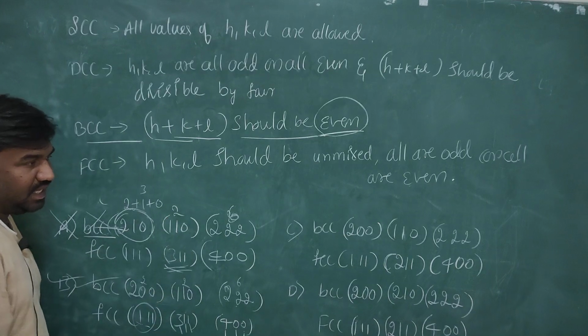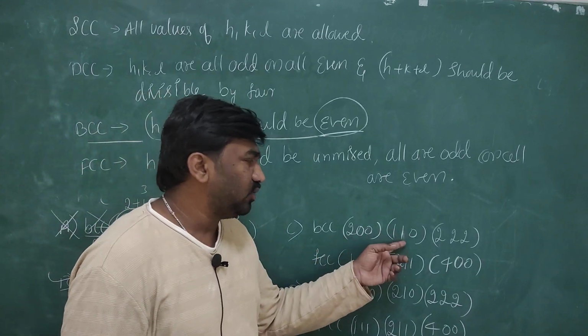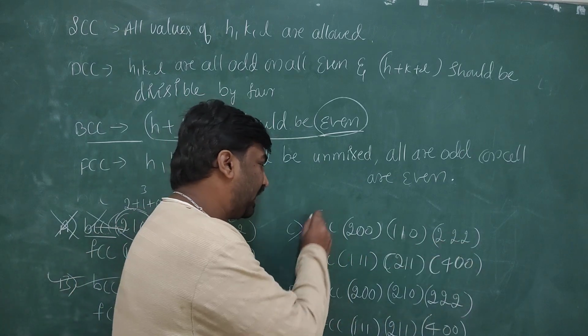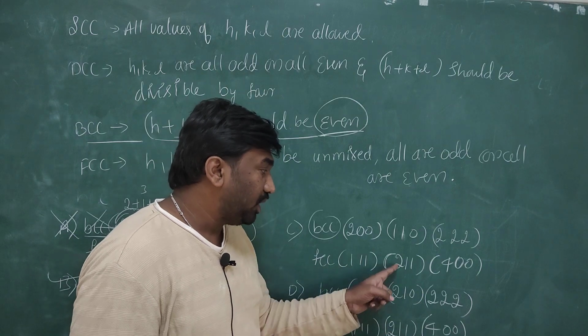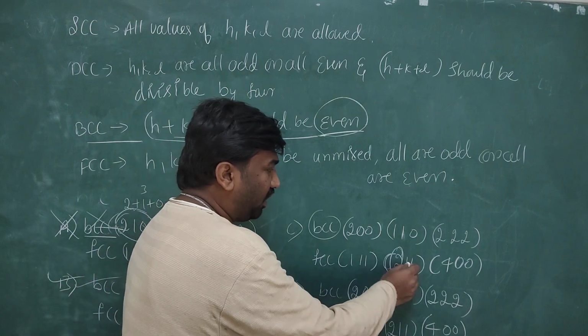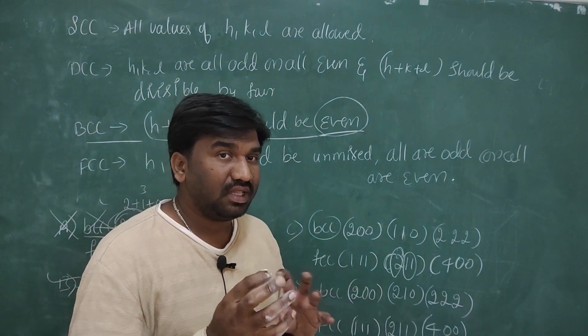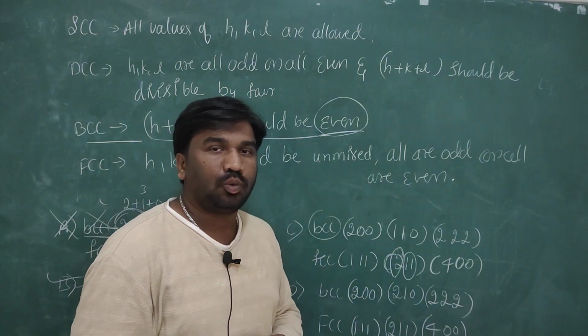Coming to C: 2 even, 1 plus 1 is 2 even, 2 plus 2 plus 2 even. So, this is correct for BCC, but in the FCC structure, 1 1 1, here one is an even term and the other 2 are odd terms. So, here there is a mixture of even and odd terms in this FCC group.